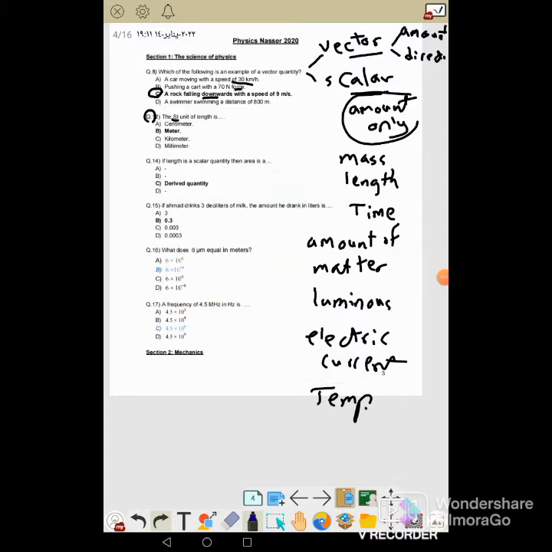Mass, kilogram. Length, meter. Time, second. Amount of matter, mole. Luminous, candela. Electric current, ampere. Temperature, Kelvin. So length is measured in the SI system by meter.